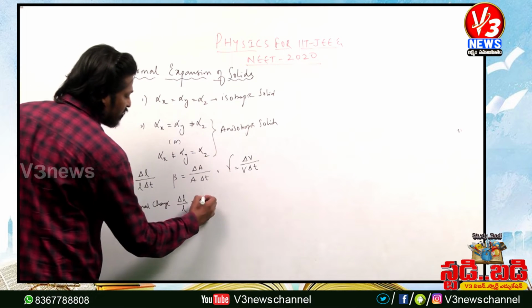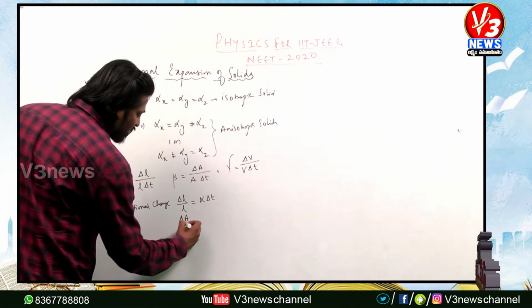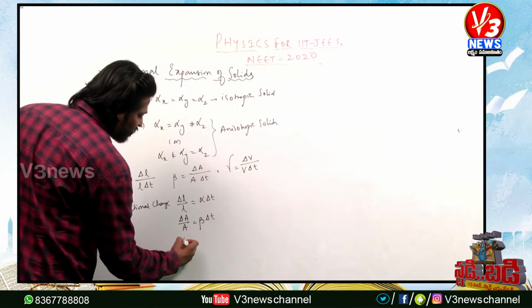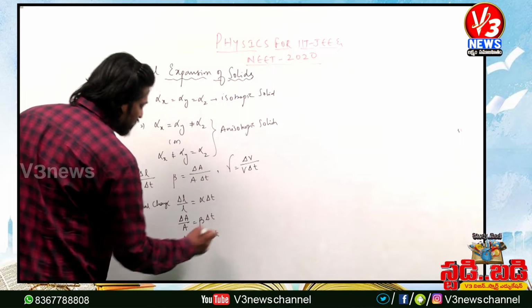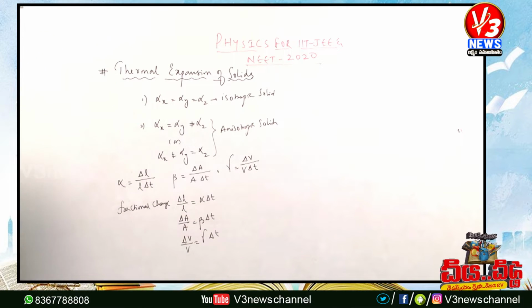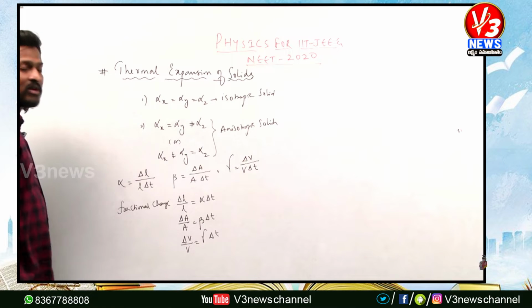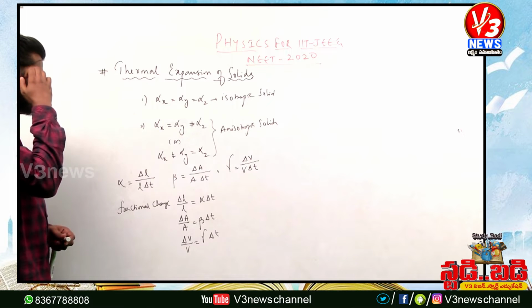Delta L by L is equal to alpha into delta T, delta A by A is equal to beta into delta T, and delta V by V is equal to gamma into delta T. That means fractional changes depend on the material and the temperature difference.